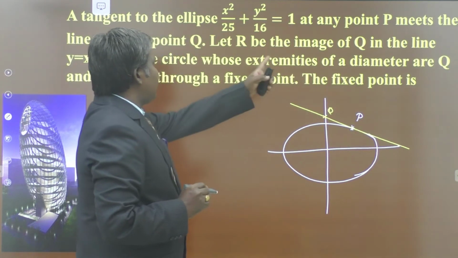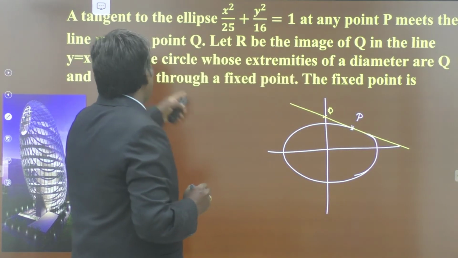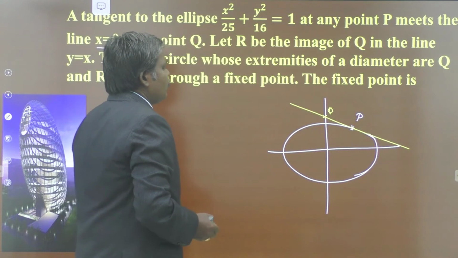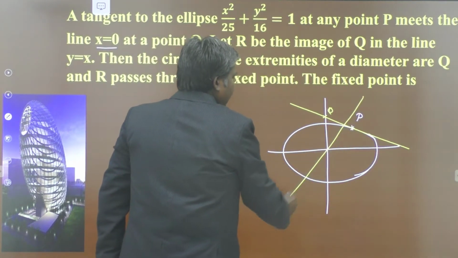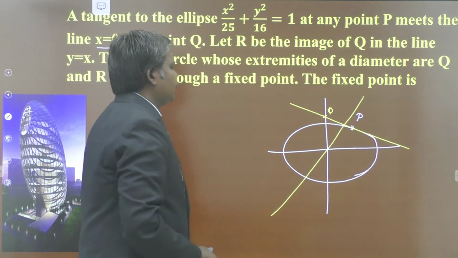Let R be the image of Q with respect to the line y equal to x. Y equal to x is the line which is the angular bisector of the coordinate axes. This is the line.